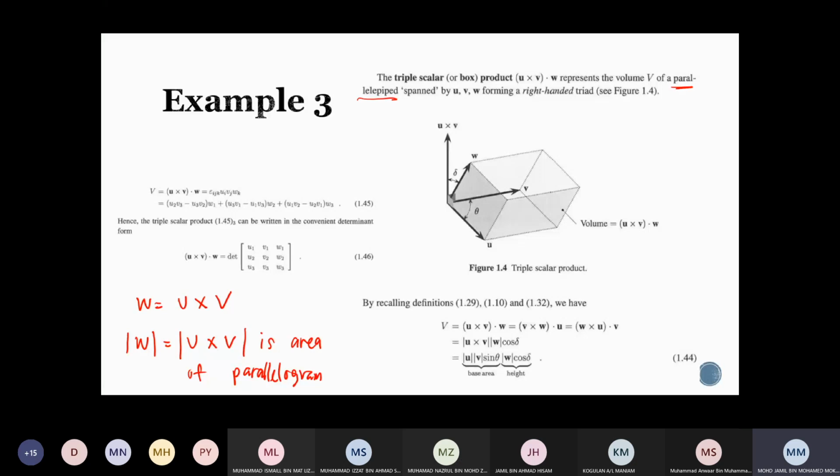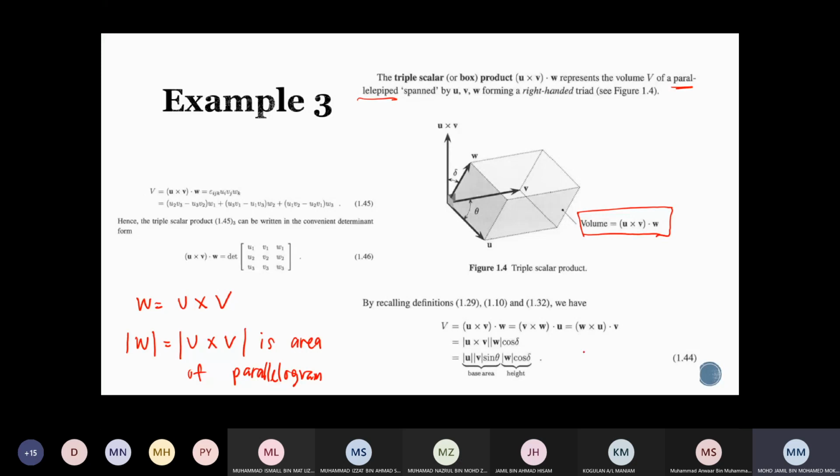So to find the volume of this parallelepiped, the volume is U cross V dot W. This is important for the exam. So if I give you three vectors and ask you to find the volume of the parallelepiped made by the three vectors, you just use U cross V dot W.